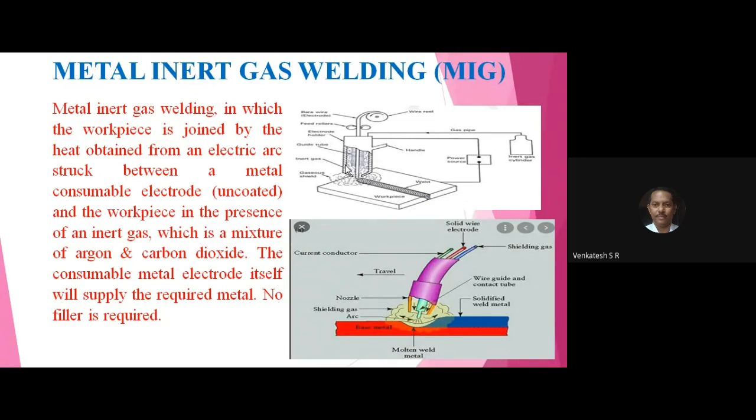Full stop. The consumable tungsten electrode wire itself acts as a filler metal. Full stop.